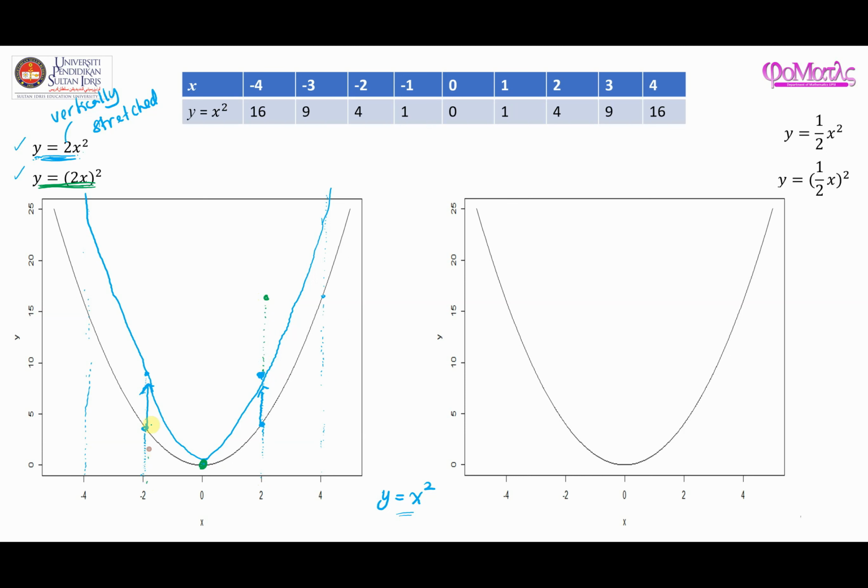So when x is negative 2, the value here will also be at 16, somewhere here. And so the graph will look slightly like this. Maybe. Okay, it's to the inside.